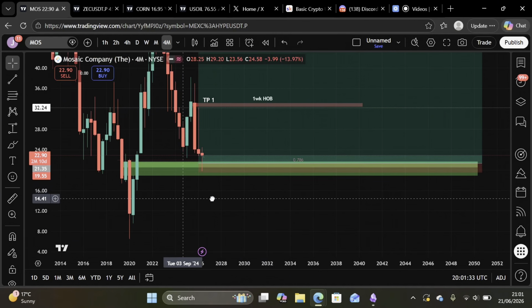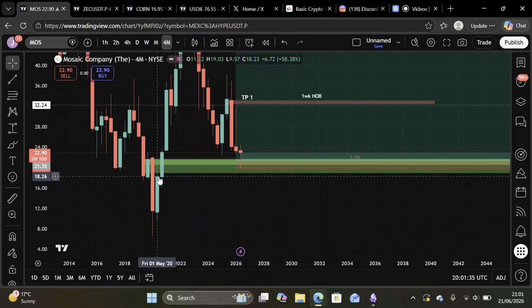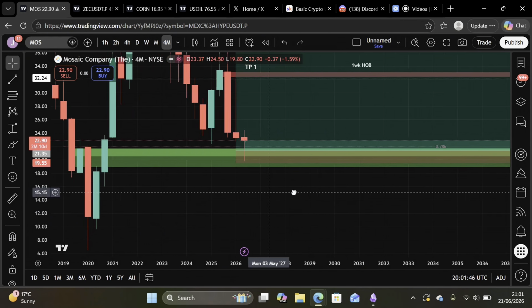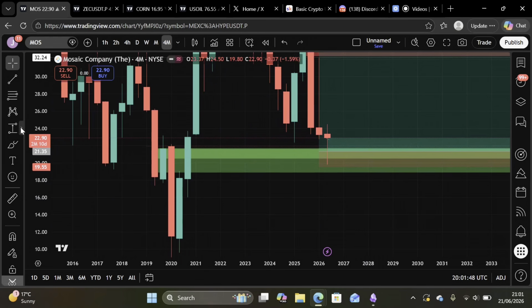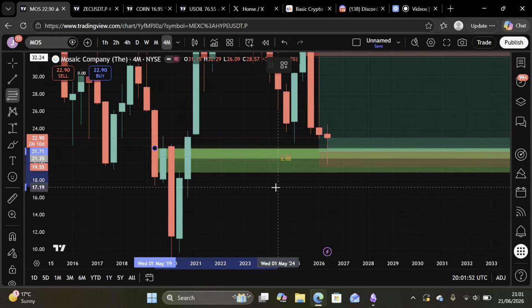And I say partial because partial means that a wick has slightly tapped into the level. I usually only take partial hidden order block trades if the wick hasn't gone over 50% of the hidden order block level. Like let's say with this, you want to do fib levels with the hidden order block, bang.